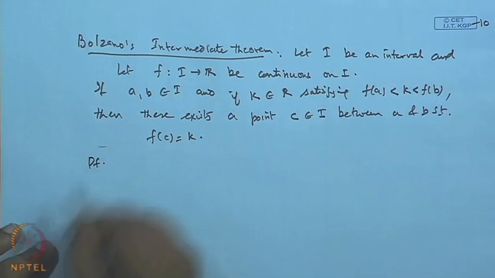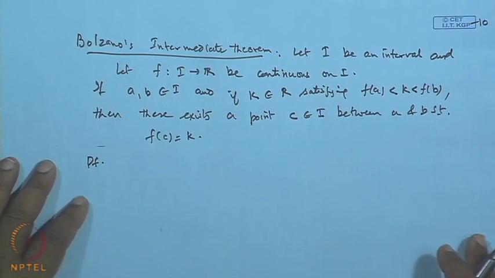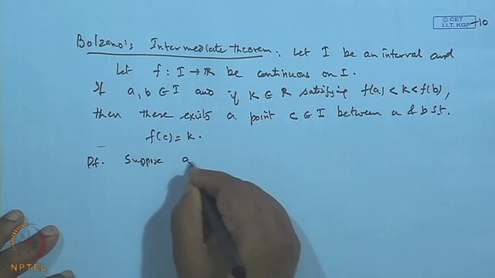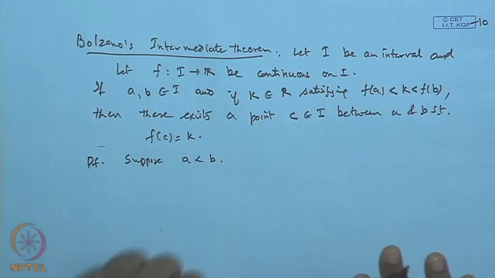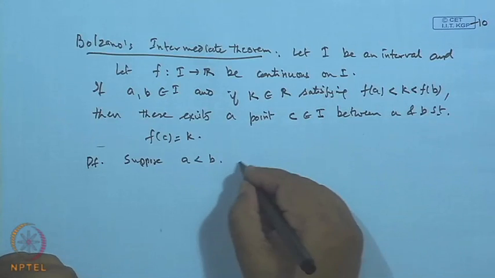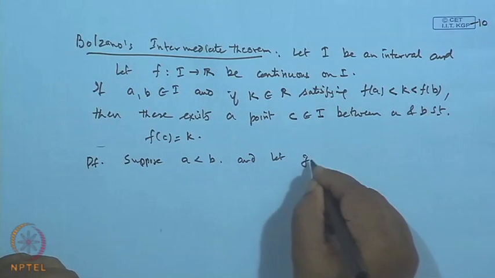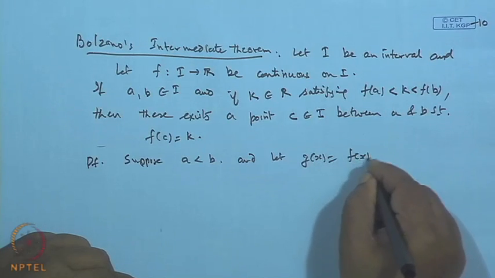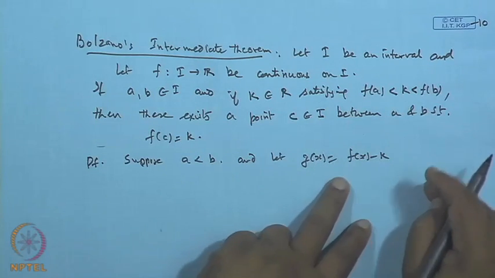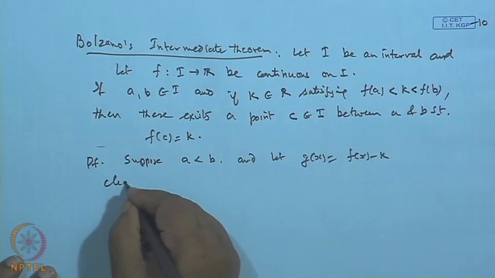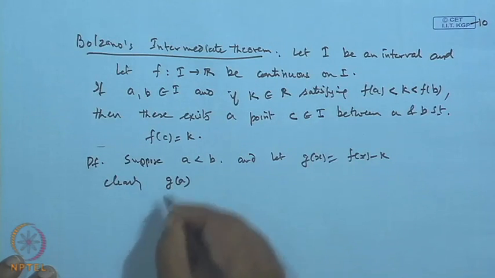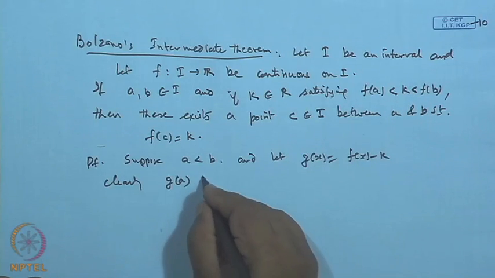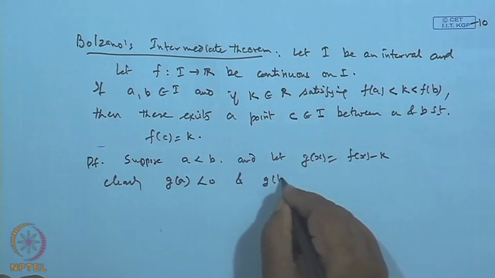The proof of this is like that. Suppose that a is less than b. Let us take this one first. Let g be defined as g(x) equal to f(x) minus k. If we look at this function, then clearly at the point a, g(a) is f(a) minus k, which is negative, and g(b) is positive.